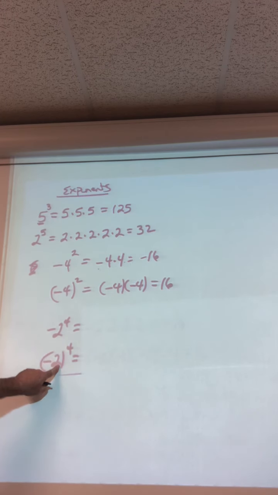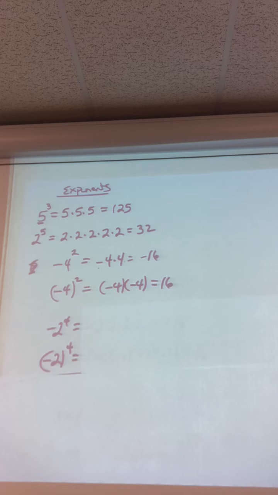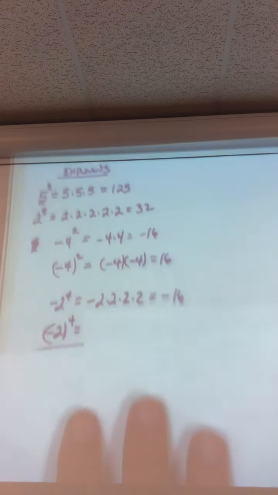Base 2, base negative 2. So when you write the top one out, you put the negative down, but you put the 2's down 4 times. So that's going to make your answer negative. And if you take 2 times itself 4 times, you get 16.